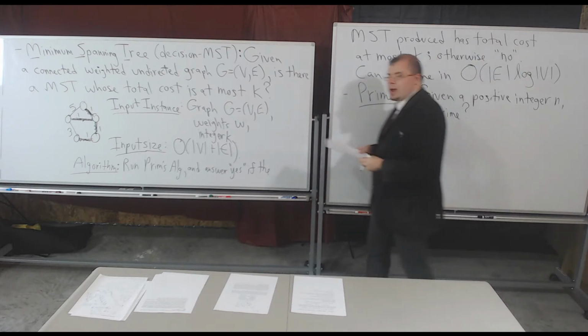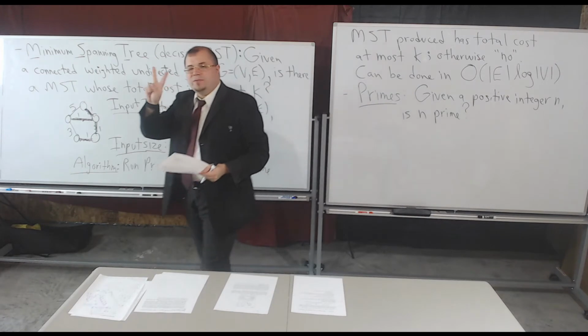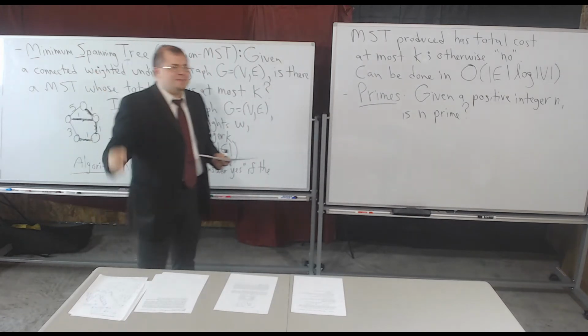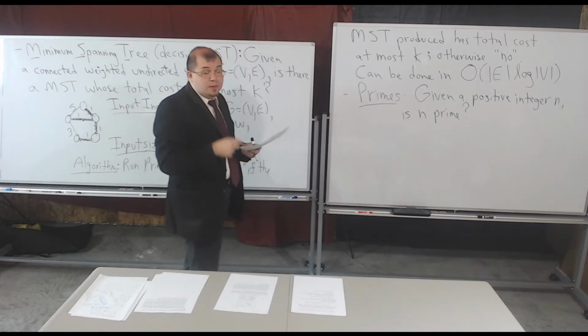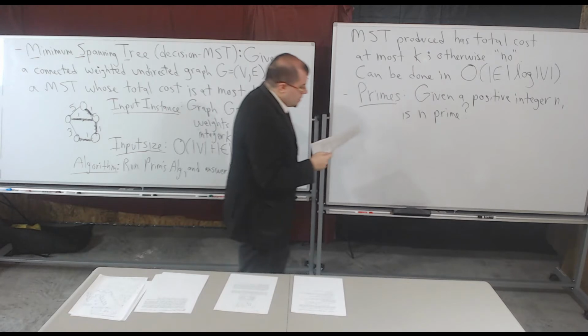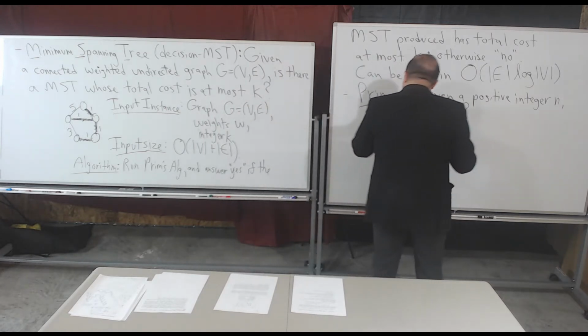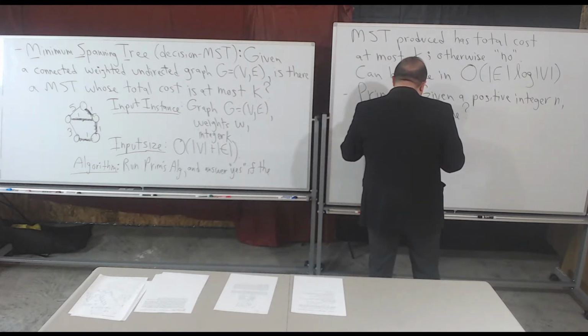Recall that a prime number is one which has two divisors: one, and n itself. In our case, if n was prime, its two divisors would be 1 and n. So this one's a nice number theoretic type problem.